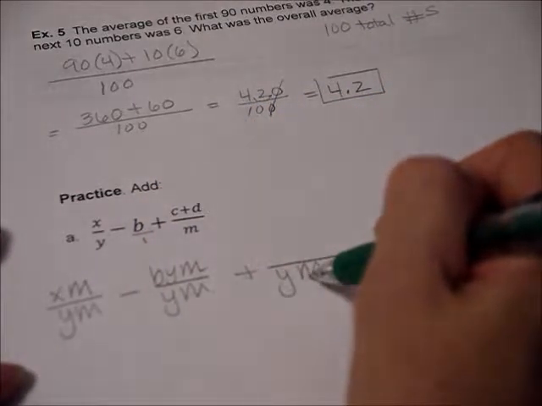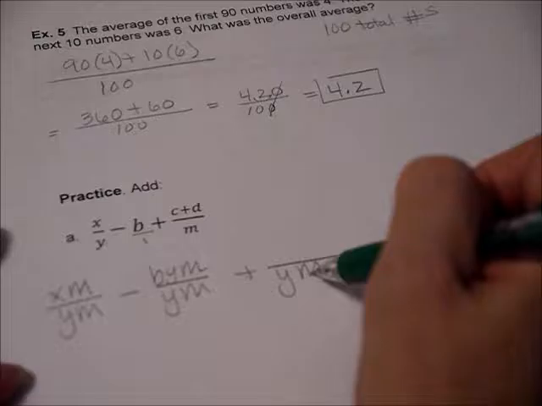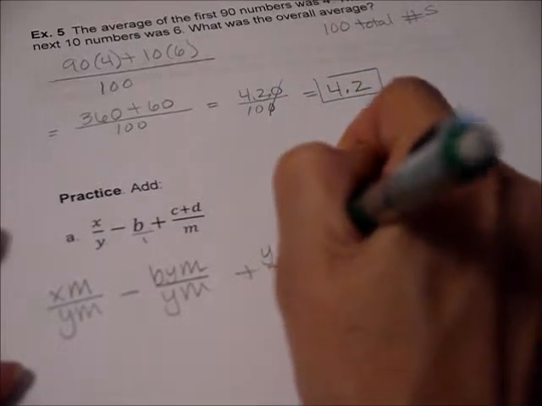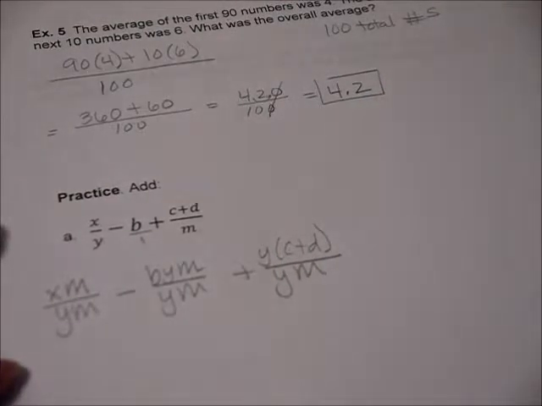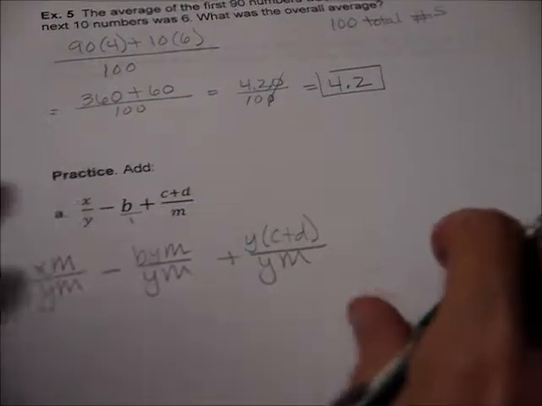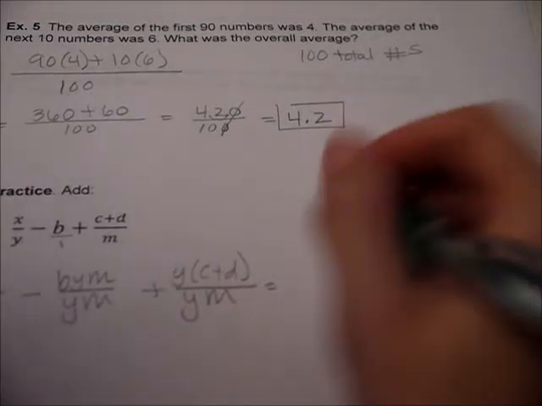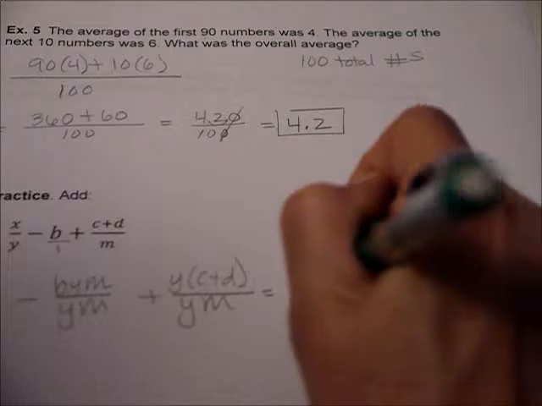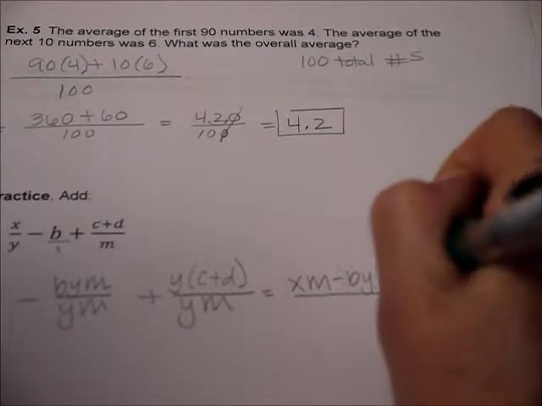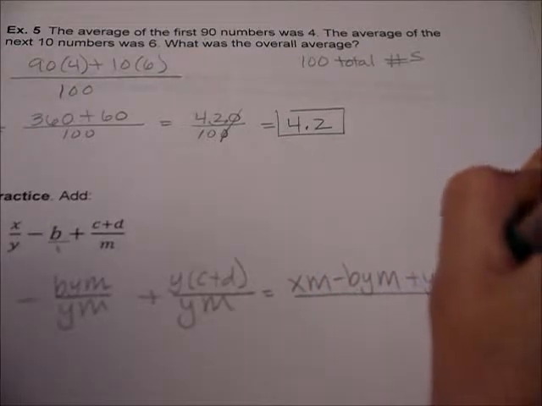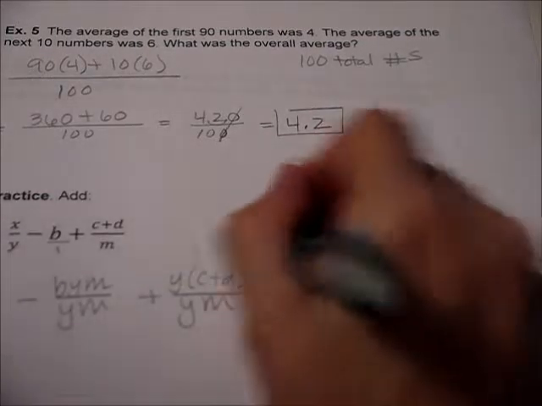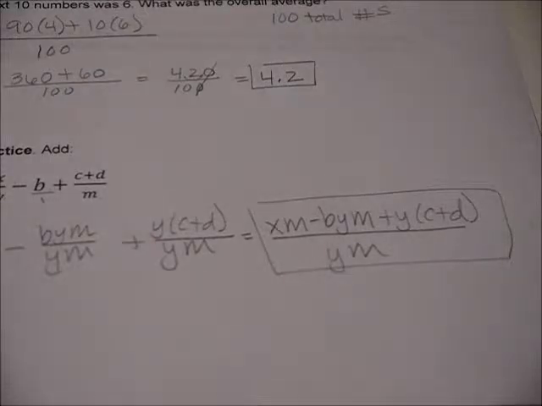For here, the bottom multiplies by y, so we multiply the top by y. Okay, and to finish this, I think the solution manual is just going to keep it like this. We have xm minus bym plus y times c plus d all over ym. And there we go.